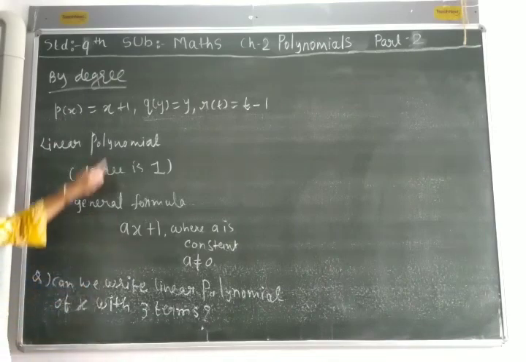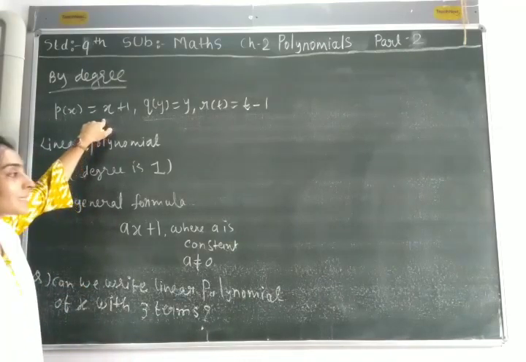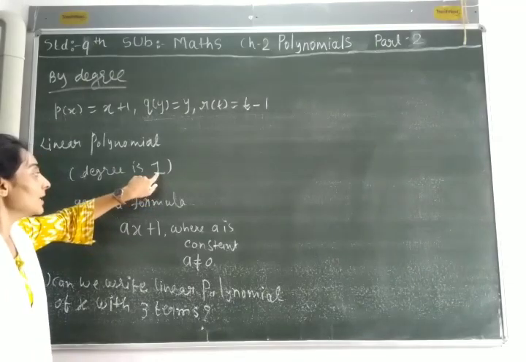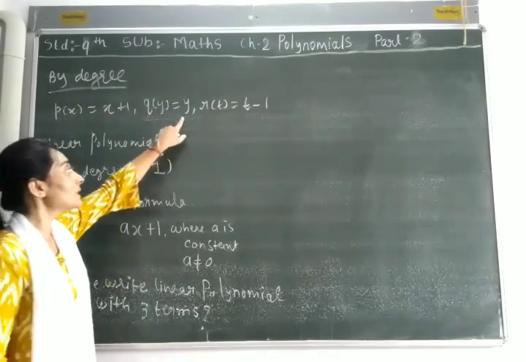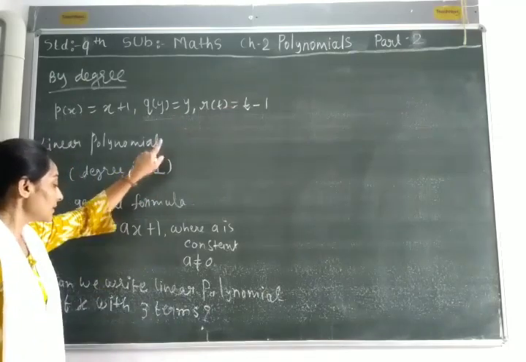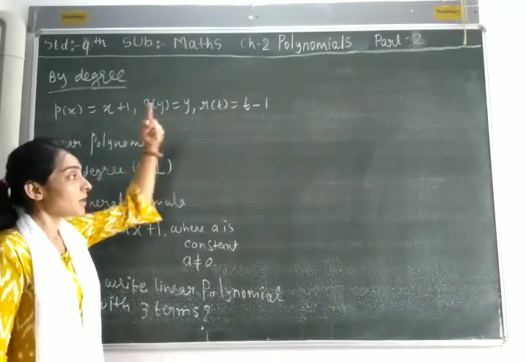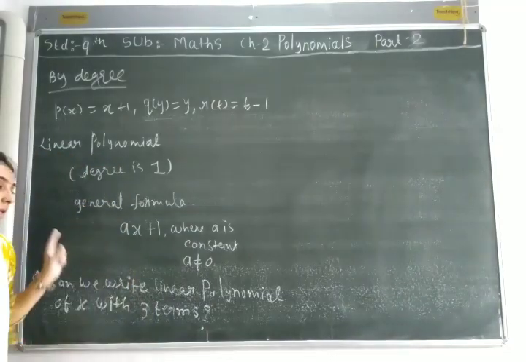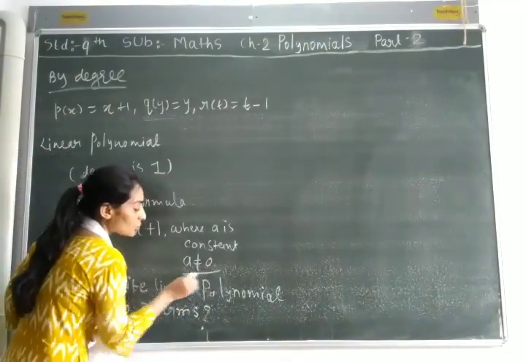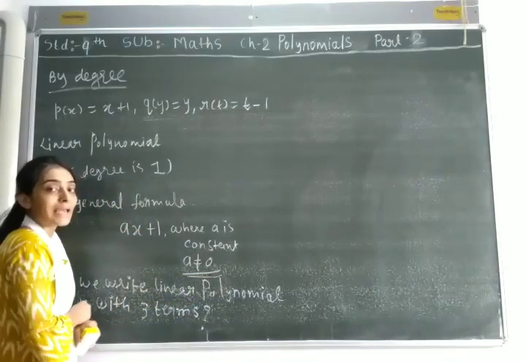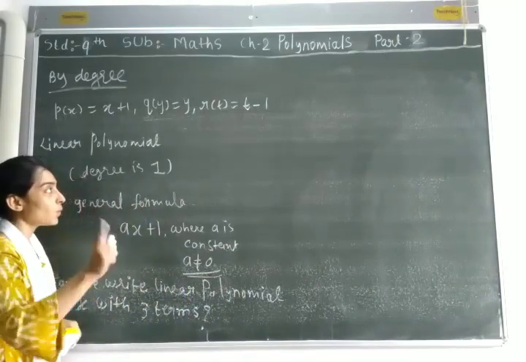Look at over here. The main important thing is we talk about the degree. If it's degree 1, we call it a linear. Whether this polynomial contains one term, that does not matter. We want my a should not equal 0 and my polynomial degree is 1.